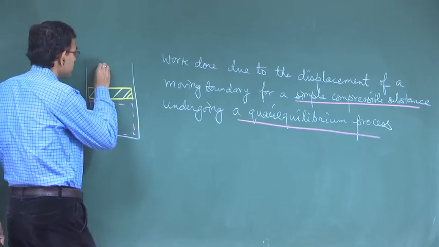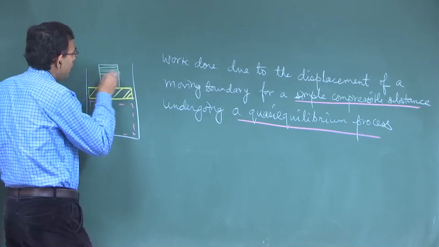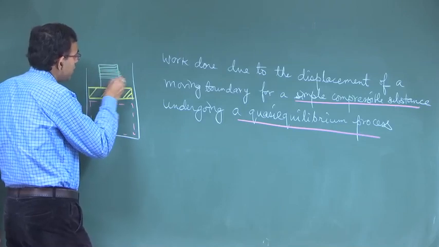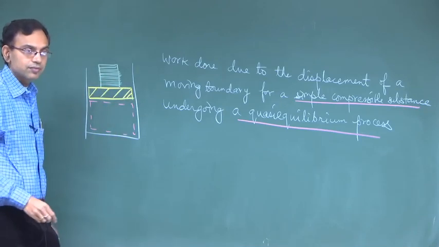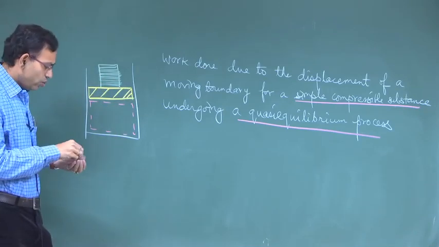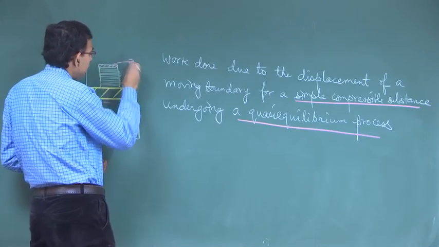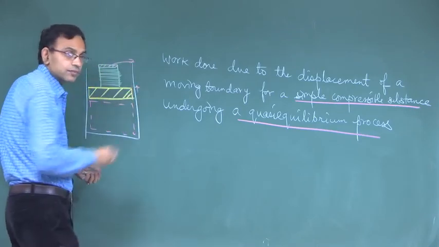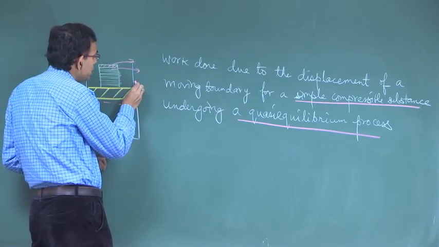Let us say you have thin slices of very small loads on this piston. You remove the top slice, this slice, and then it will go up a little bit. You remove the next slice, it will go up a little bit.